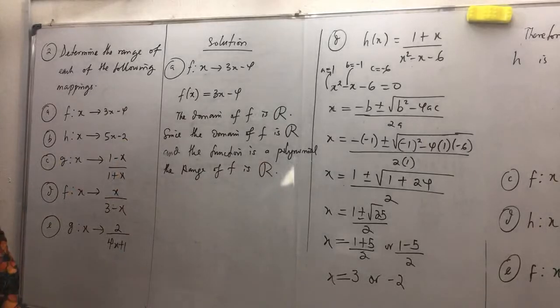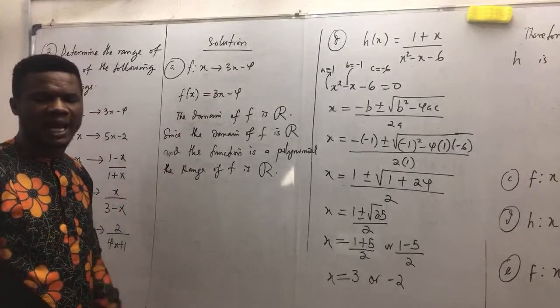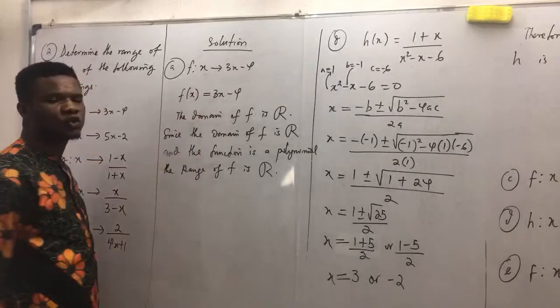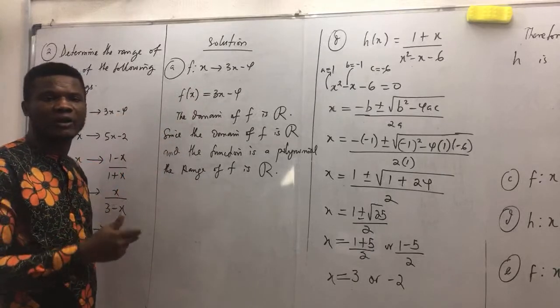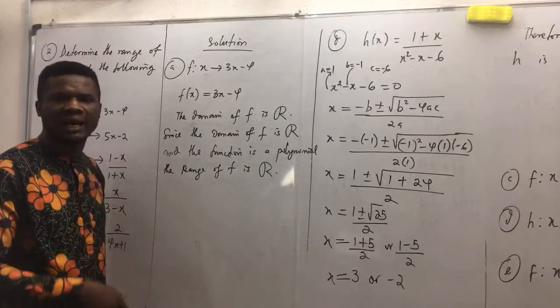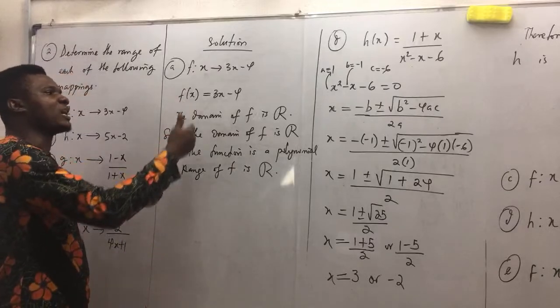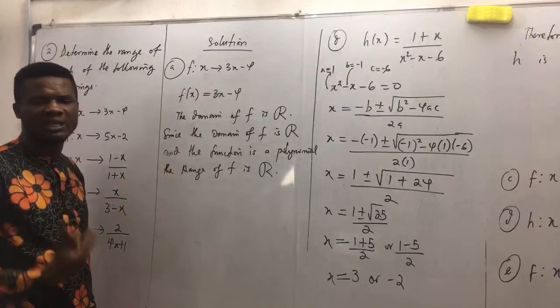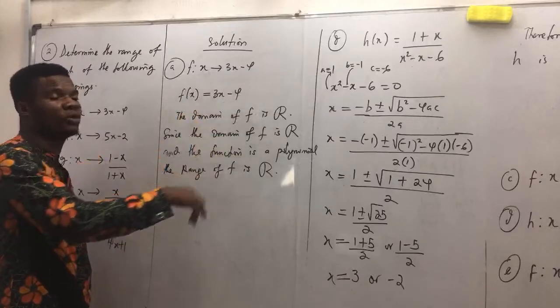If I put in a real number such as -1, which is an integer and also real, then -1 times 3 gives you -3, and -3 minus 4 gives you -7, and -7 is an integer. What are integers? They are real numbers. If you put in a fraction like 4/3 to replace x, 4/3 times 3 gives you 4, and 4 minus 4 gives you 0.